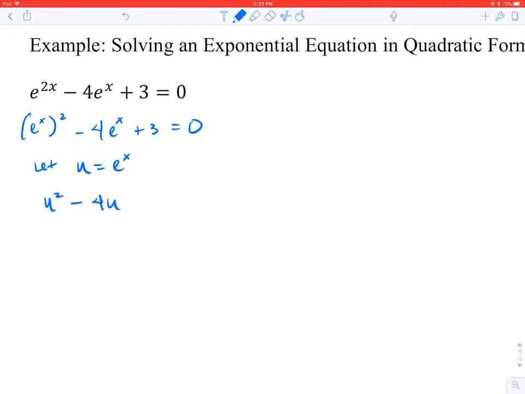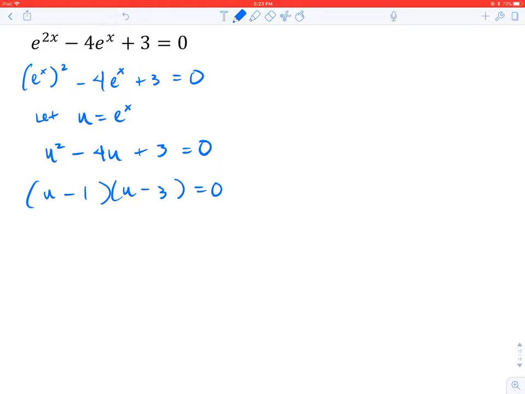So do u substitution. So u squared minus 4u, I'm just replacing all the e to the x's, plus 3 equals 0. And then that's factorable, right? Okay, so by the zero product property, we'll end up with u is equal to 1 or u is equal to 3.